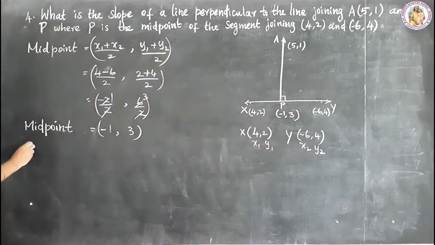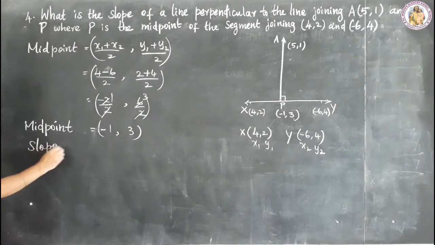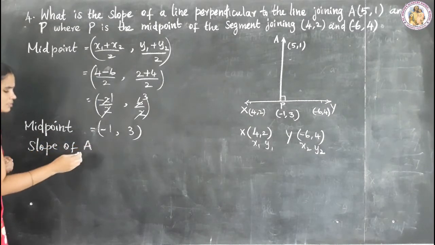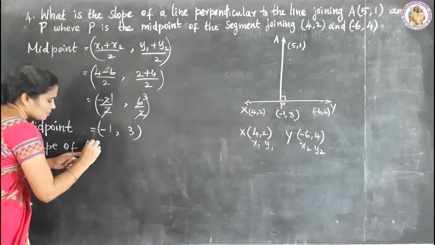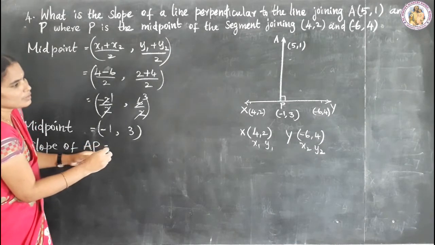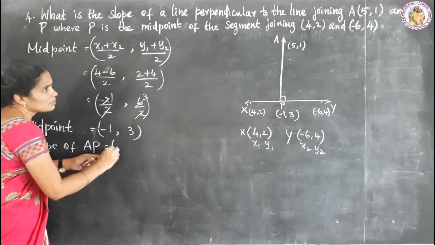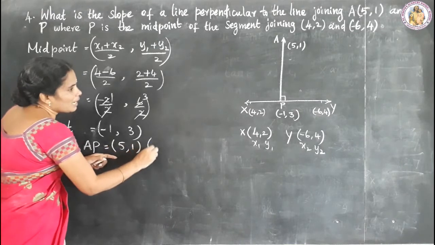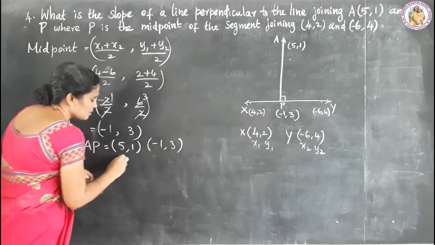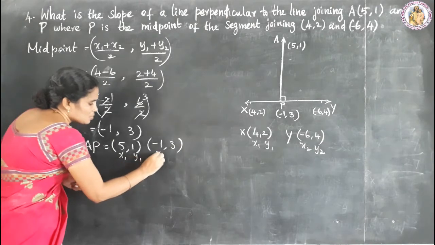Now find the slope of AP, with points 5, 1 and minus 1, 3, taking x1, y1, x2, y2.